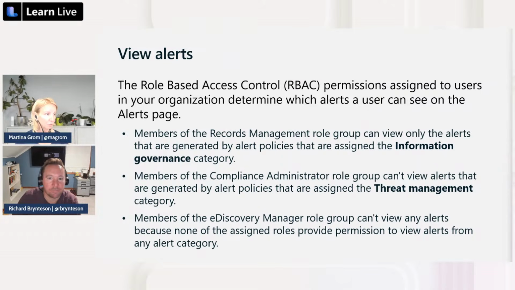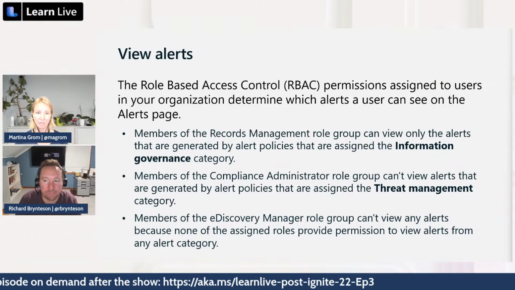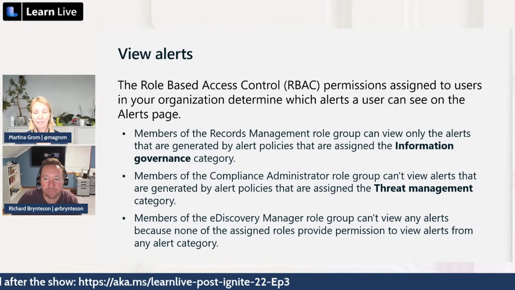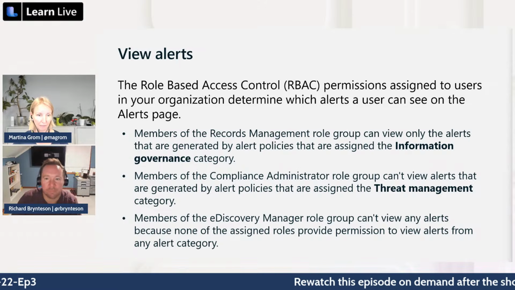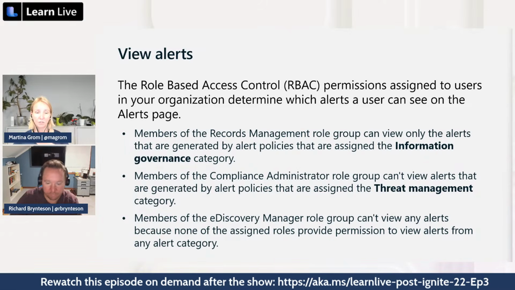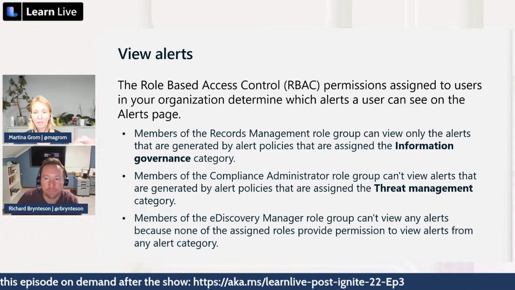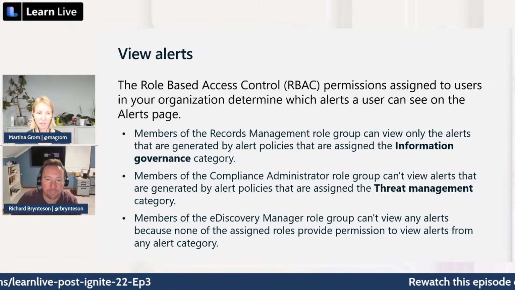Also, alert policies are based on RBAC permissions, so role-based access control permissions, and that means you can assign user-specific alerts in your portal. For instance, for the records management, information governance or threat management category, you have specific people in your organization who look at those kinds of alerts.